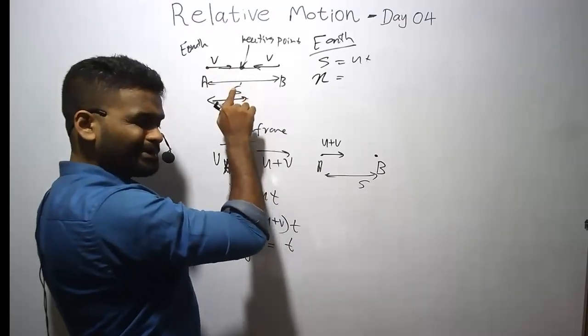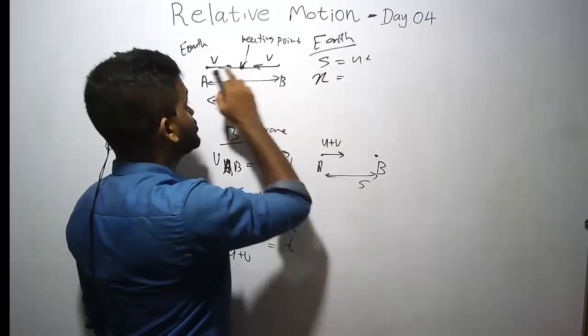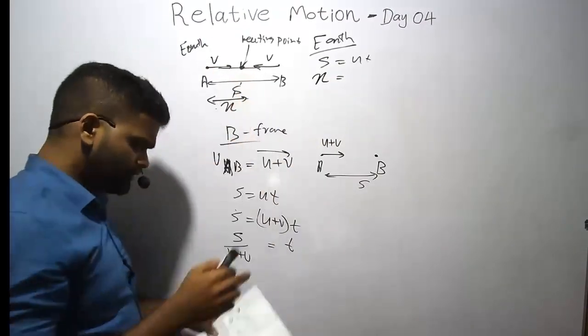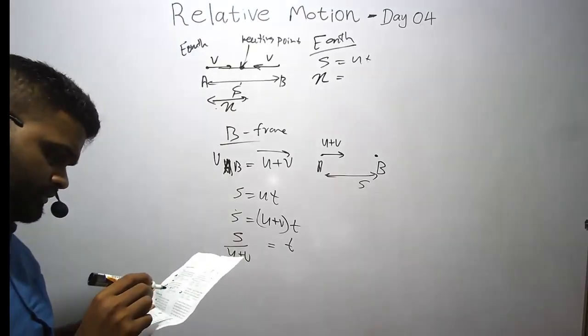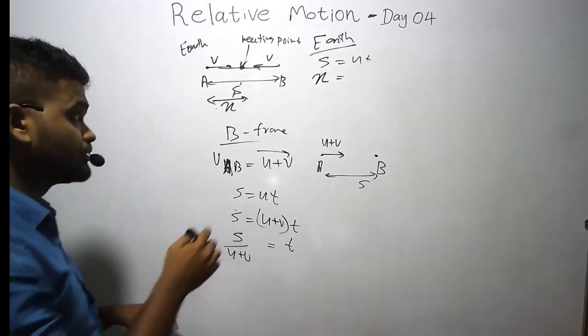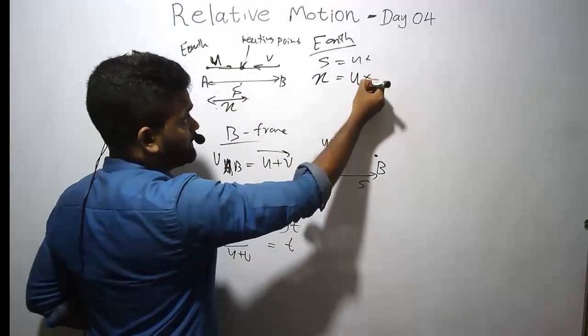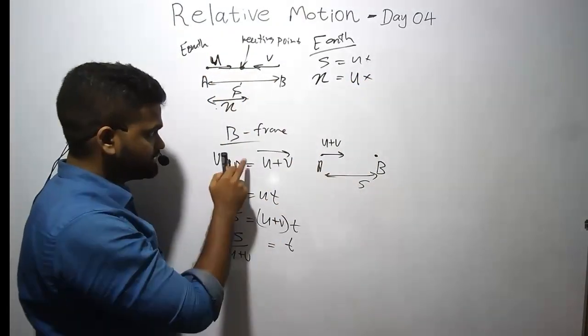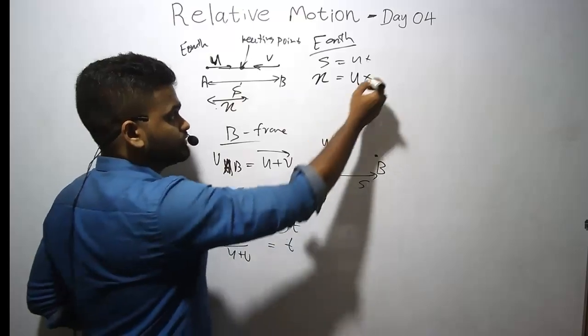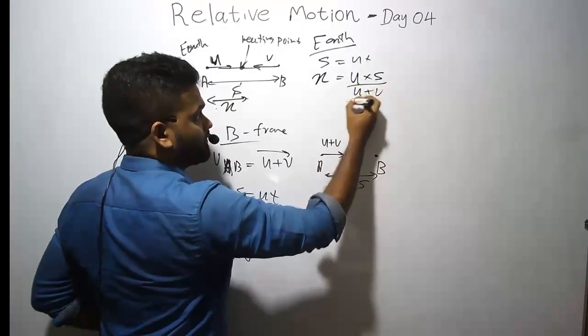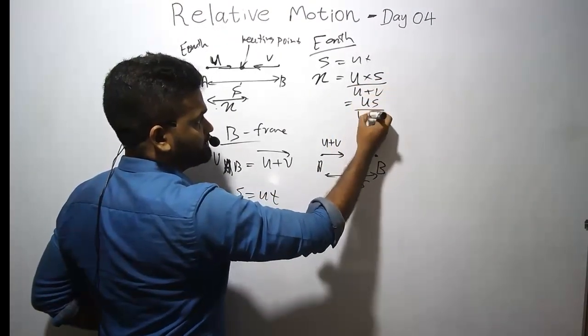This x is what they ask. In Earth's frame, the velocity of A is u. And the time we found sitting on B's frame is S divided by u plus v. So the answer should be uS divided by u plus v.